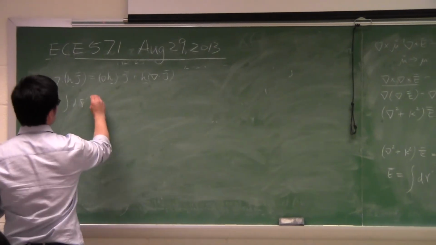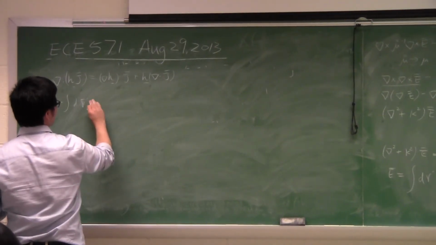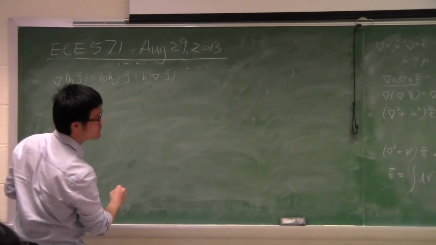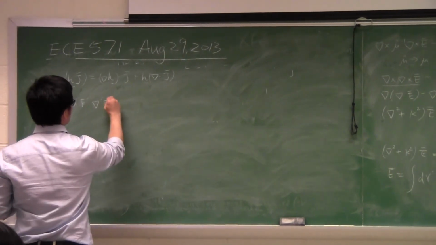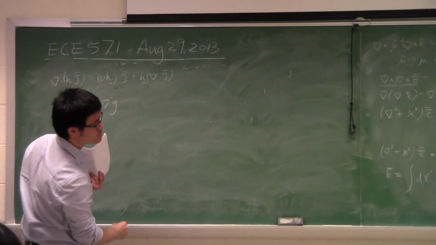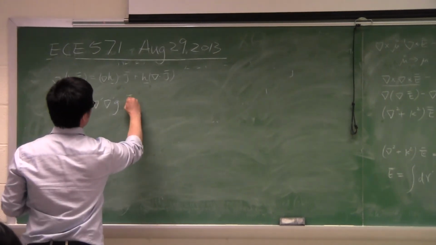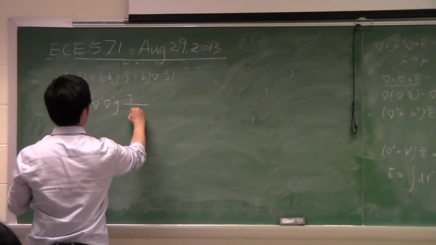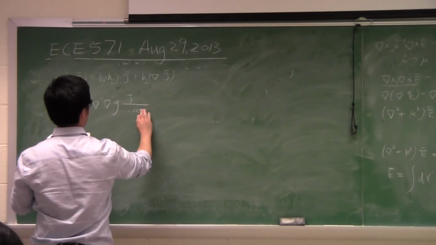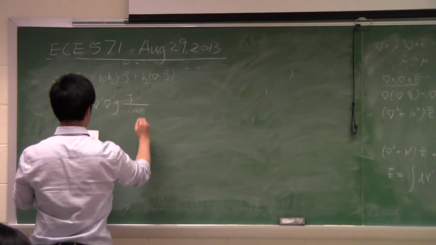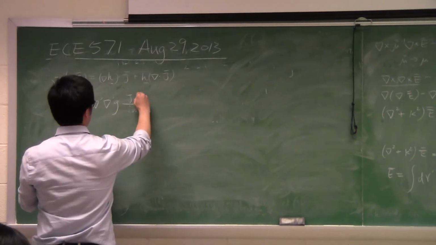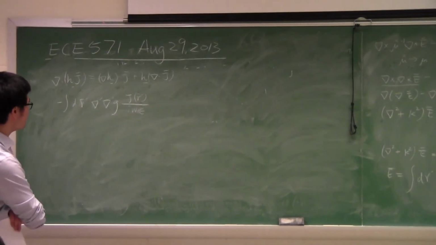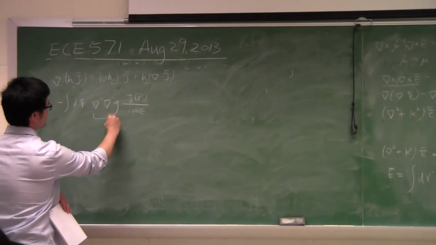Then I have this minus sign over here and the gradient of this J. So we can see that this is a gradient of gradient.